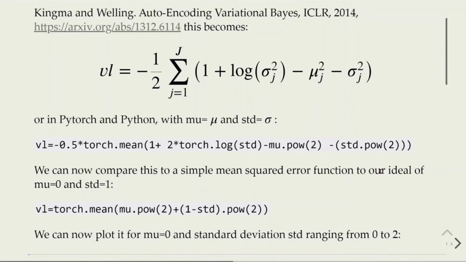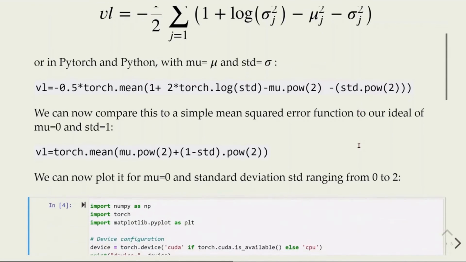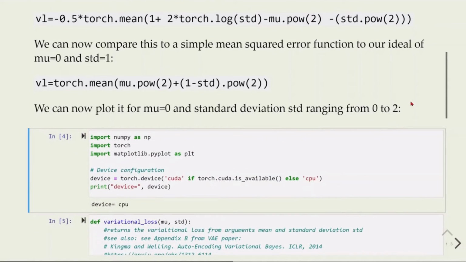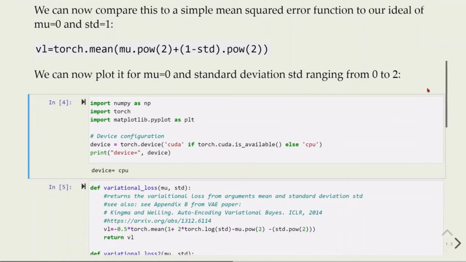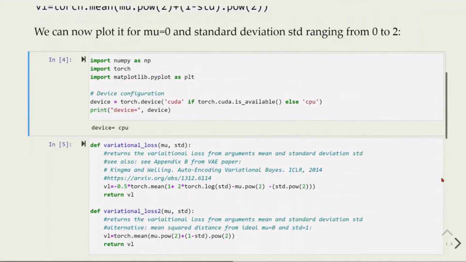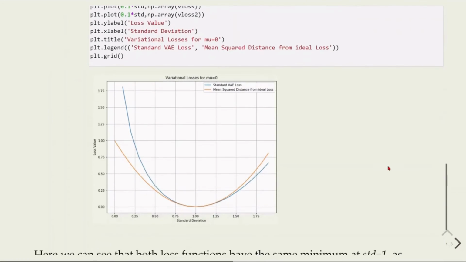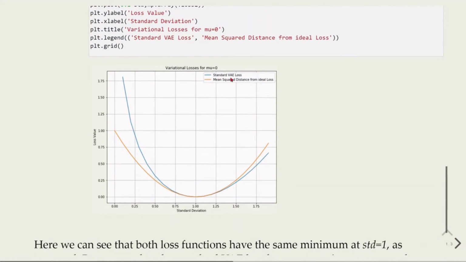And we compare this to a simple mean squared error function to our ideal of mu equals 0 and sigma equals 1, and we have this plot here. In this case, we have the standard deviation ranging from 0 to 2, and mu equals 0, and we can see the standard variational autoencoder loss and the mean square distance from the ideal loss.